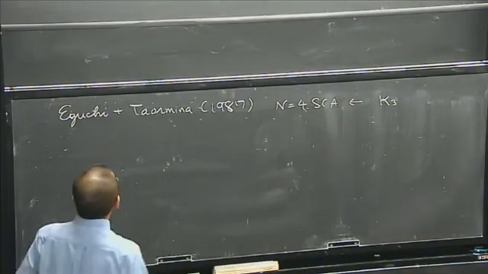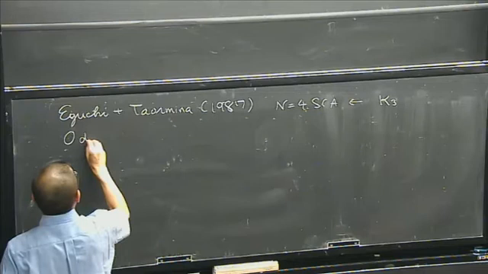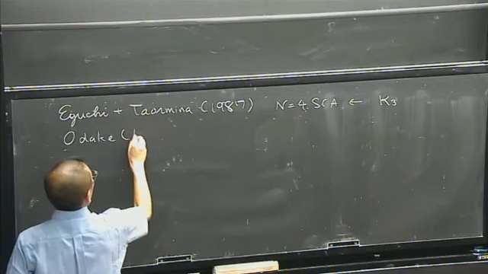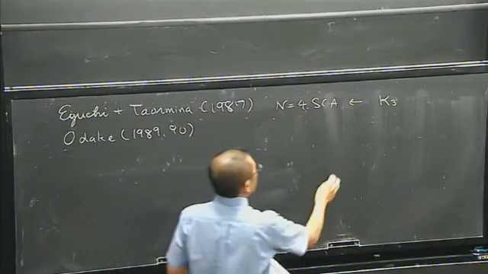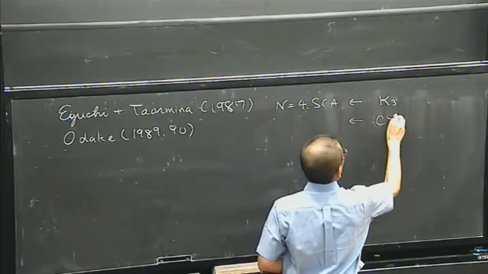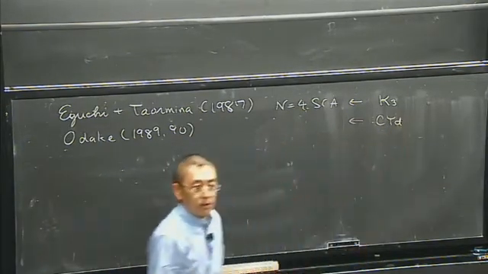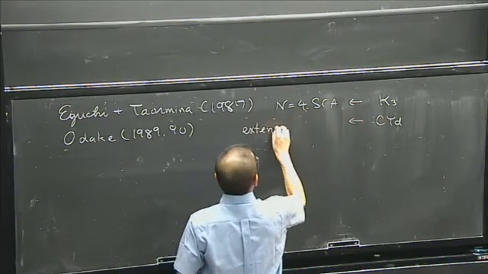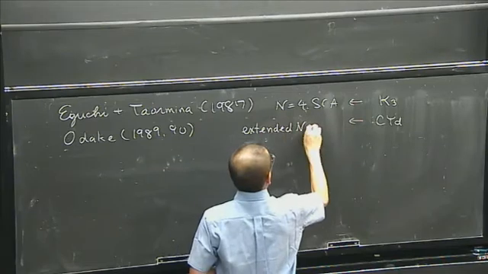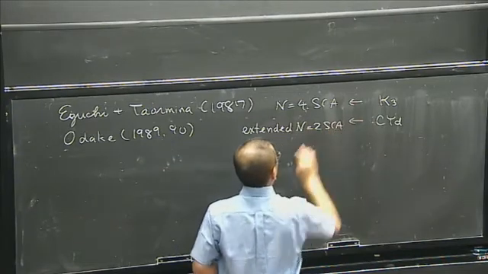And subsequently, Eguchi's student Odake generalized this for a general Calabi-Yau manifold. And so you have the extended N=2 superconformal algebra.